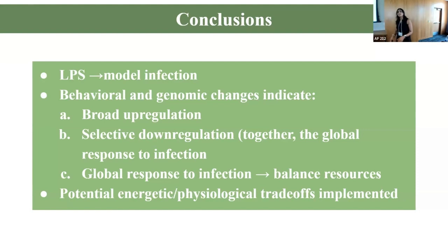And what this shows us is that in the global response to infection, there is a dependency on the balancing of resources in order to cater to the specific pathogen or immune threat that is present. And what this tells us is there is a potential energetic or physiological trade-off that's implemented in order to ration the limited resources and energy that our body has in order to ensure the recovery of the host cell.